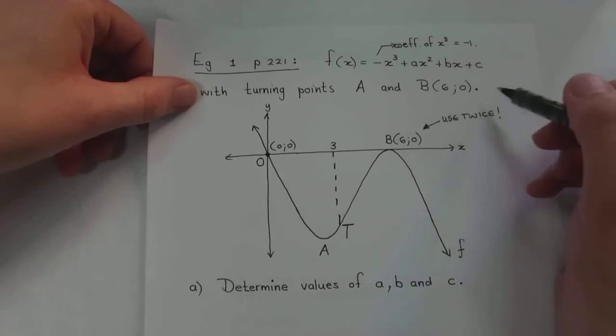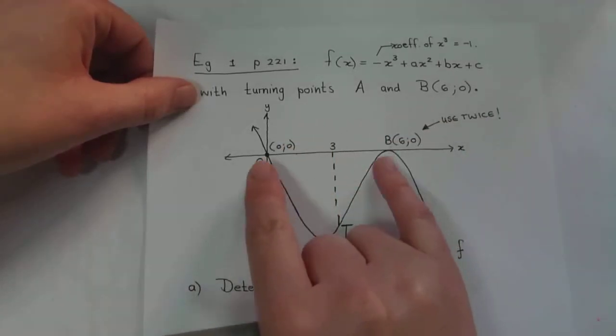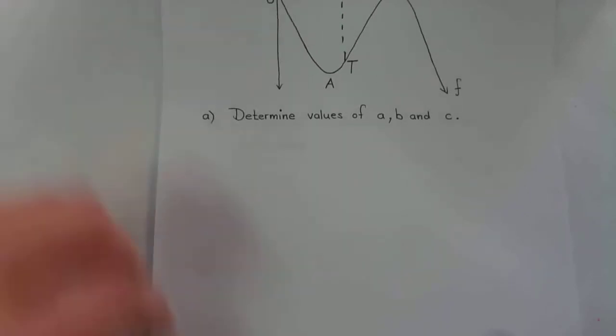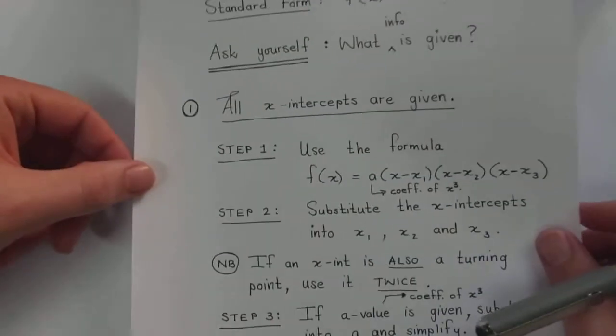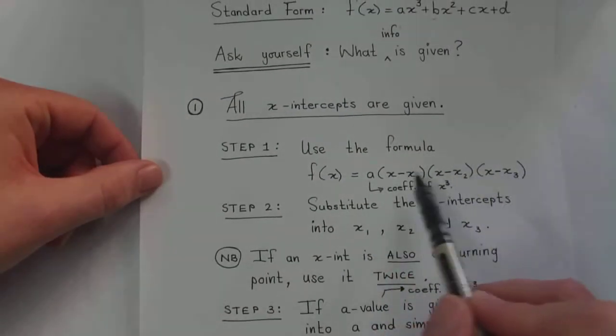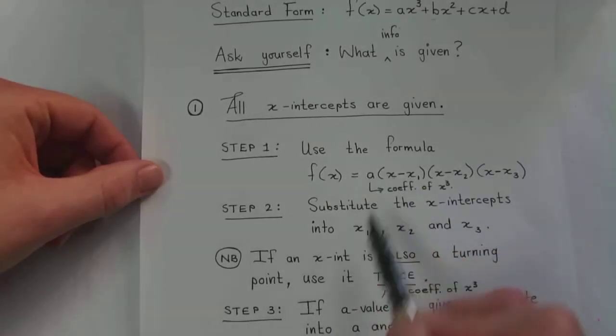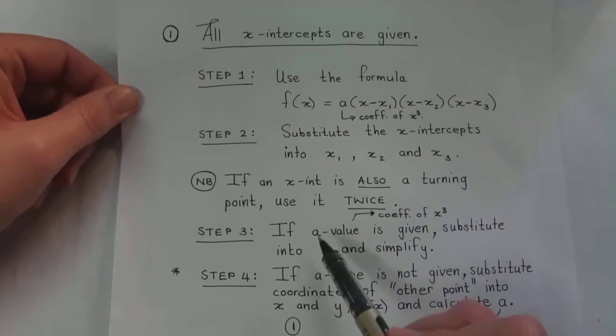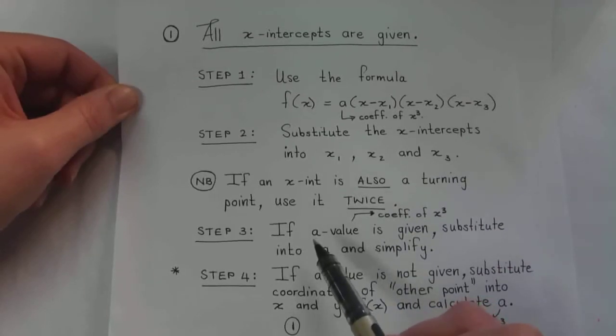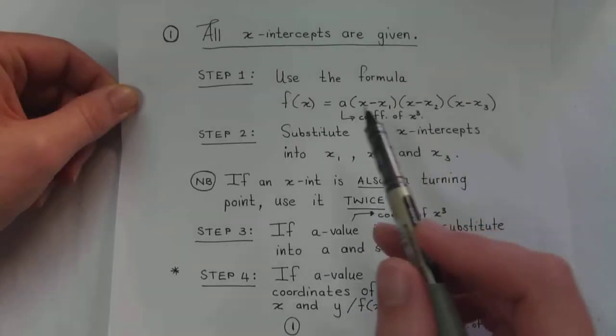Now, because they've given me all of my x-intercepts, I'm going to use that formula that I discussed in step 1. As I said, step 1, use this particular formula. By the way, I'm already going to substitute the a value in. I know it's given here as step 3, but you can actually do step 2 and step 3 in one go.